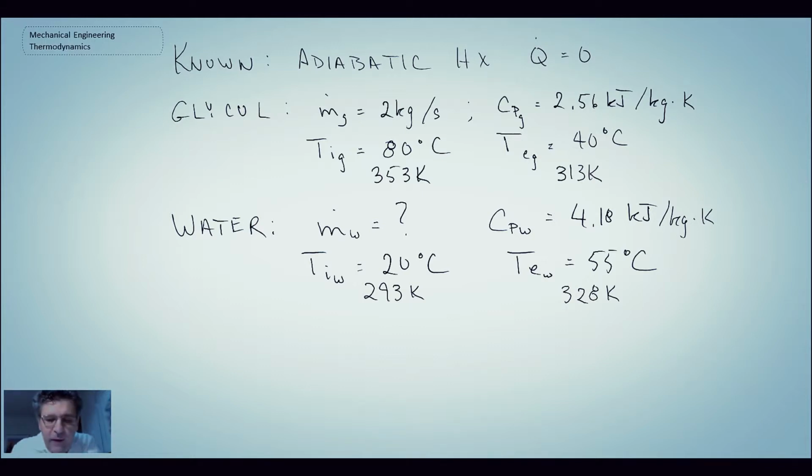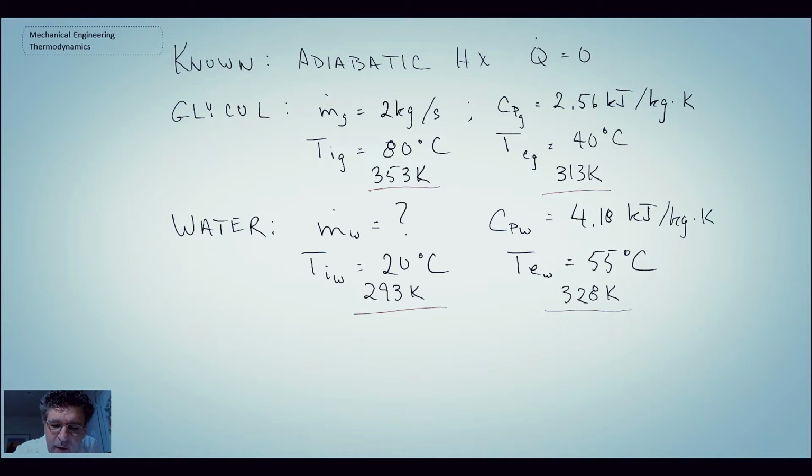With the problem information written out, one thing to note is that I have written out the temperatures in Kelvin, because I know when we use the entropy balance equation, we are going to have to evaluate the entropy generation due to heat transfer, and that is divided by the temperature in Kelvin. So I just listed that out there.